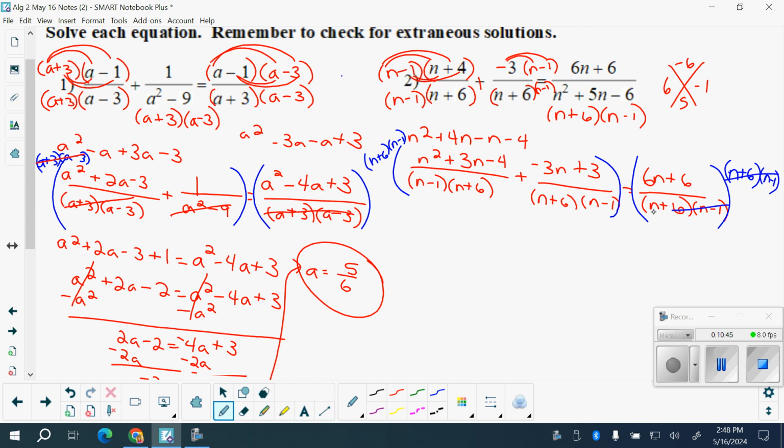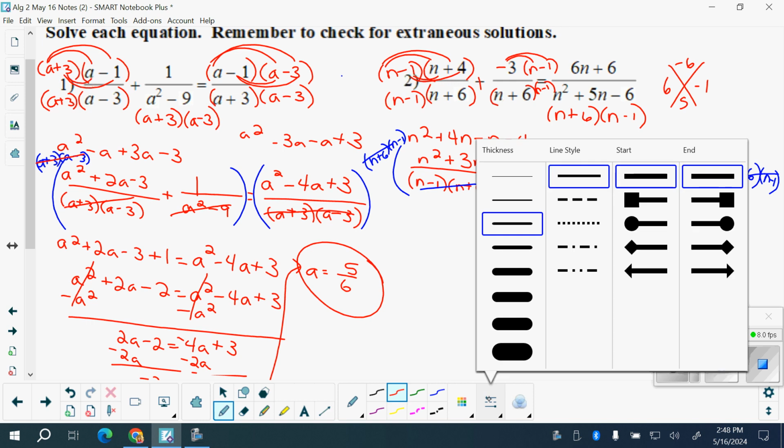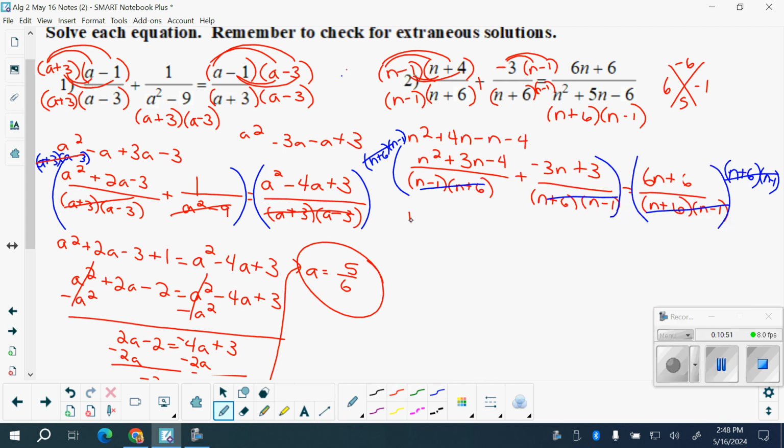And that gets rid of our denominators. And we have n squared plus 3n minus 4 minus 3n plus 3 equals 6n plus 6.